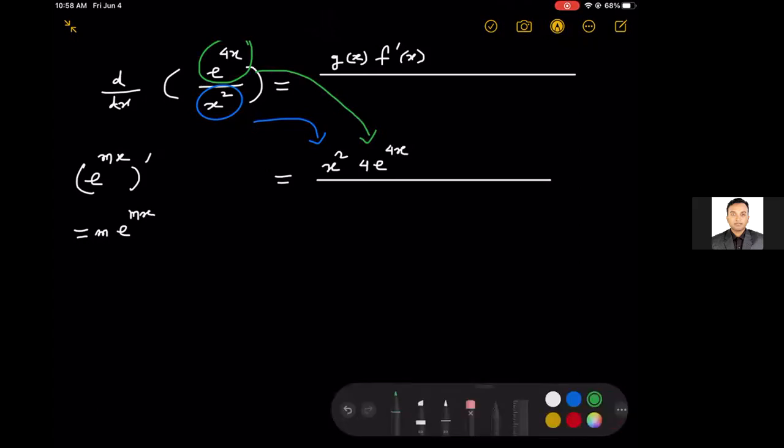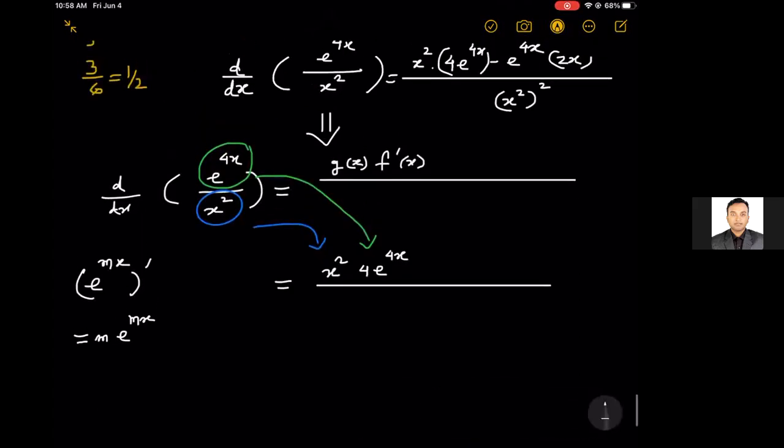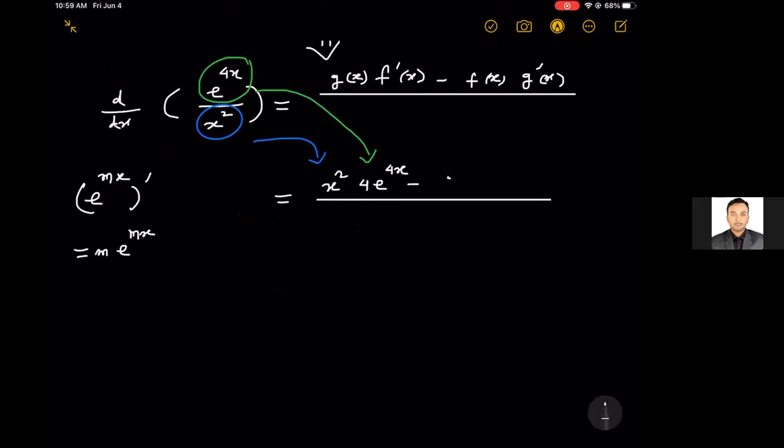And then next we keep the numerator and find the derivative of the denominator, and subtract the product of that from the first product. So we keep the numerator, which is e to the 4x, and find the derivative of the denominator, which is x squared.